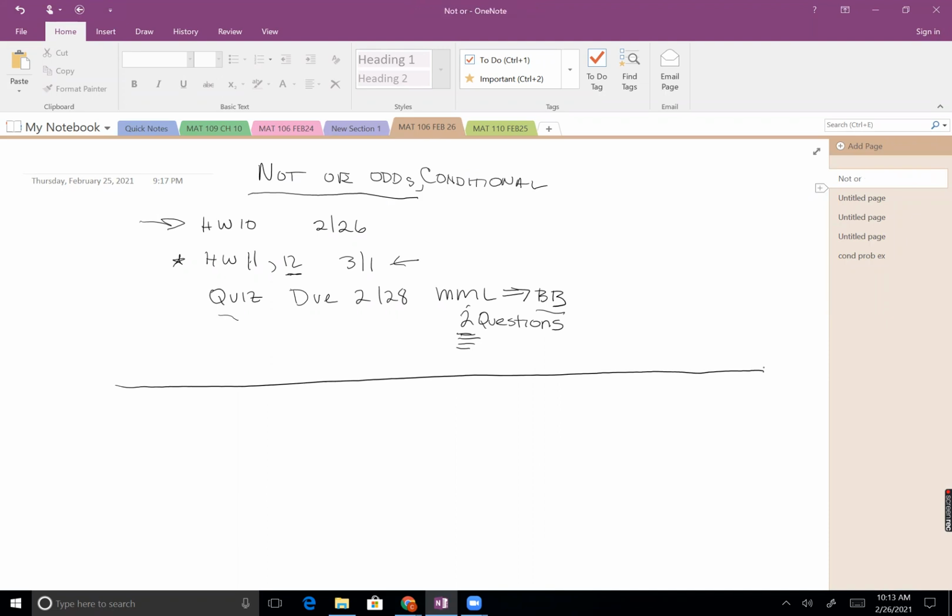We looked a teeny tiny bit at this next section on Wednesday. And on Wednesday, we had said that if I wanted to find the probability of something not occurring, if I want to find the probability of not an event, that would always be 1 minus the probability of the event.